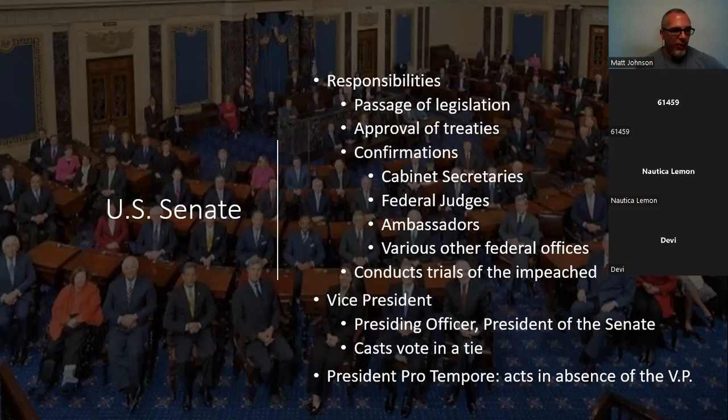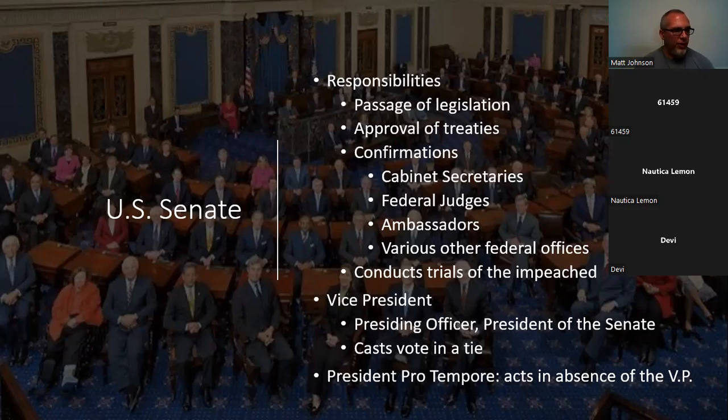But there's also other federal offices that they will confirm. So ambassadors, for instance, or other federal offices. So I think the Surgeon General of the United States, we just talked about. So ranking officials in Homeland Security and some of the other federal offices. And so that's their role.